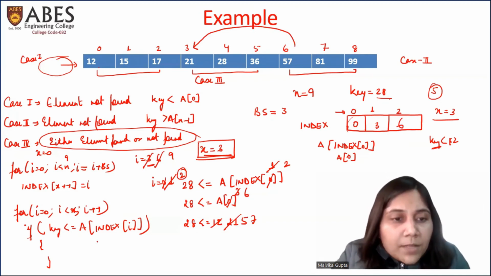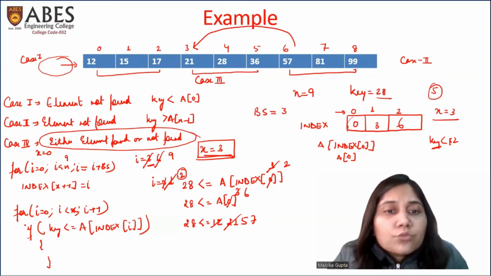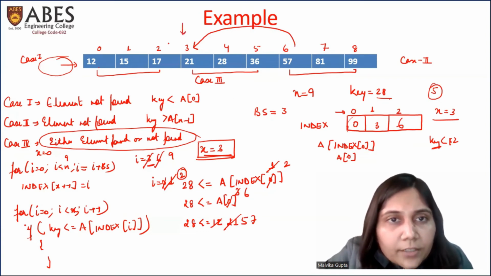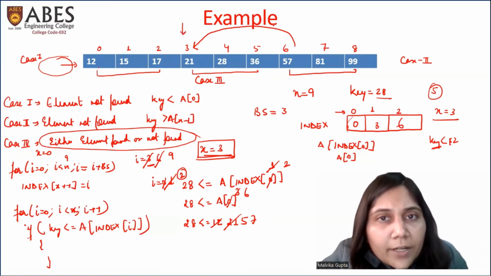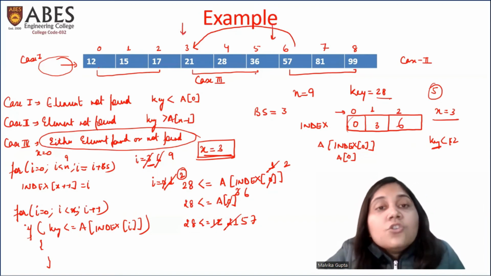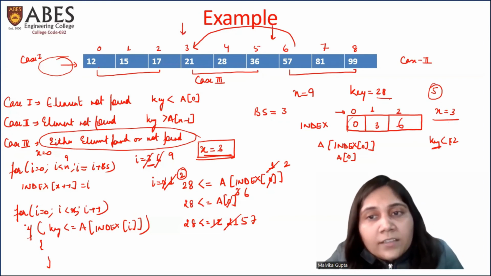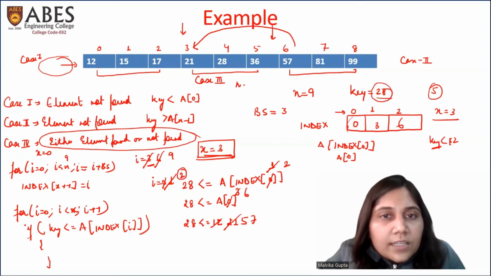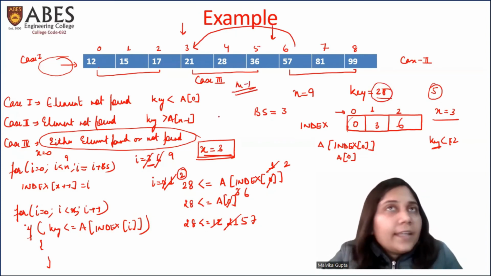So if this condition stands true, then I have to move back and set my start pointer here and my end pointer till here. In this particular block, I have a chance to find this particular key value. I have to search only these m minus 1 elements.